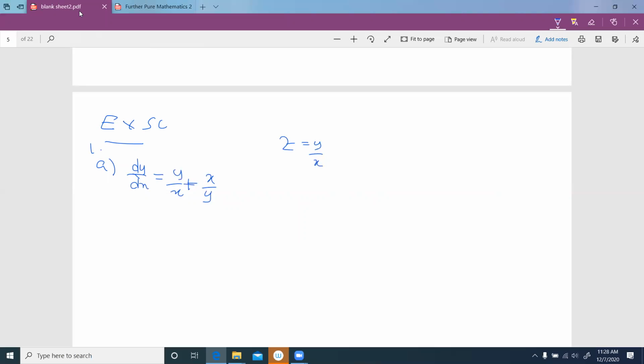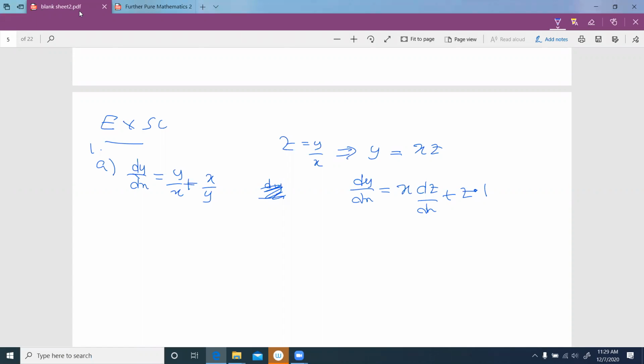Therefore, from here you can write y equals x z. Therefore, dy by dx equals: keep x and differentiate dz by dx, and keep z and differentiate x, which is 1.